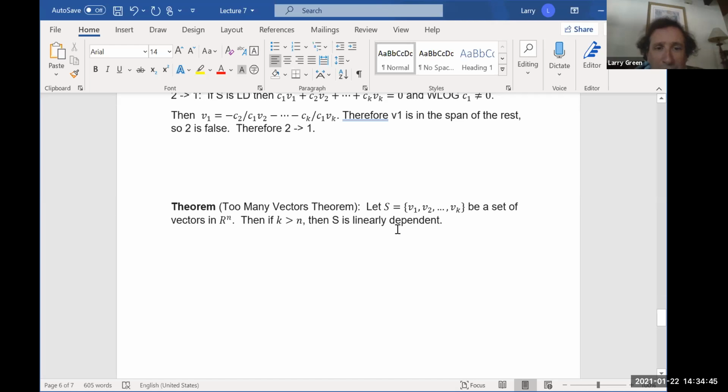Any questions on what this says? So if you have too many vectors, you can't be linearly independent. It's a very simple proof. How do you prove it?